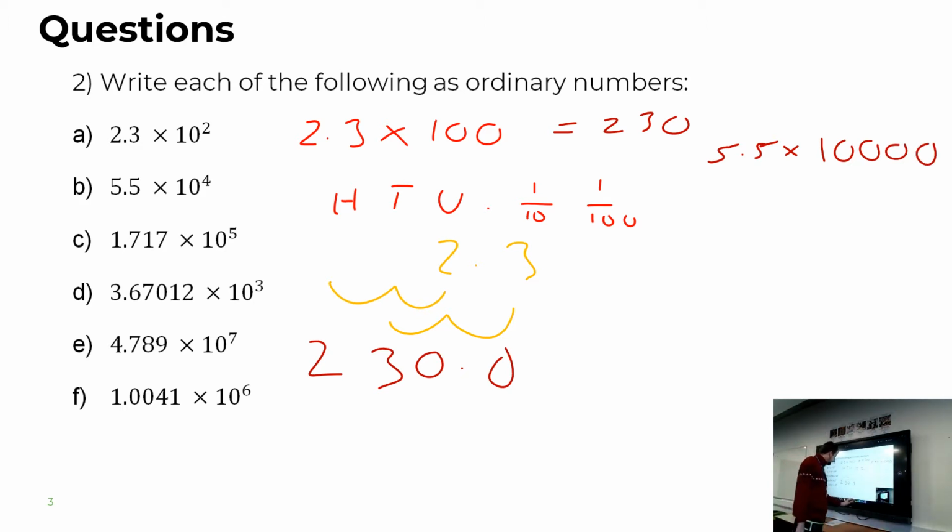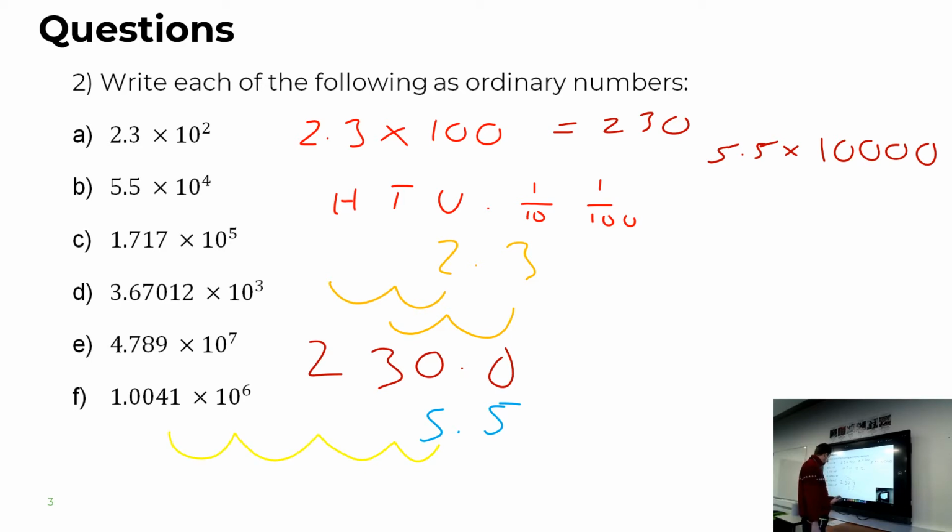So let's have a go at this. The original number is 5.5, and we're going to move everything. For the 100, we moved everything to the left 2 places. For the 10,000, we're going to move everything to the left 4 places. So 1, 2, 3, 4.